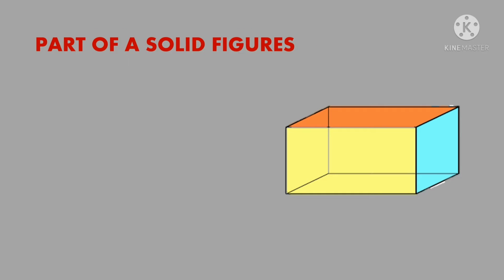Now, let's learn about the parts of a solid figure. First one is the edges. The edges are the line segments that meet or join together in order to create a figure. This object right here has 12 edges.